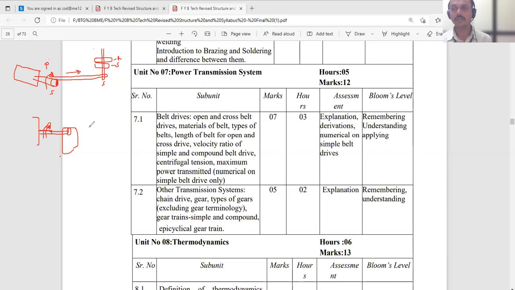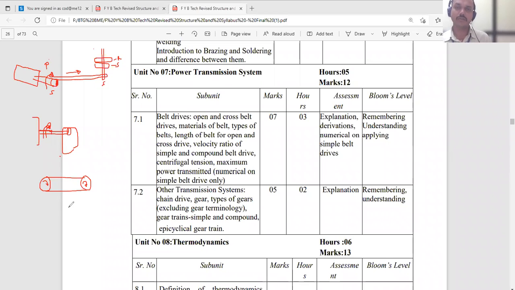Generally we observe the open belt drive system everywhere. If this pulley rotates in the clockwise direction and I connect another pulley with an open belt, the two pulleys rotate in the same direction. Do you get it? Yes, sir.